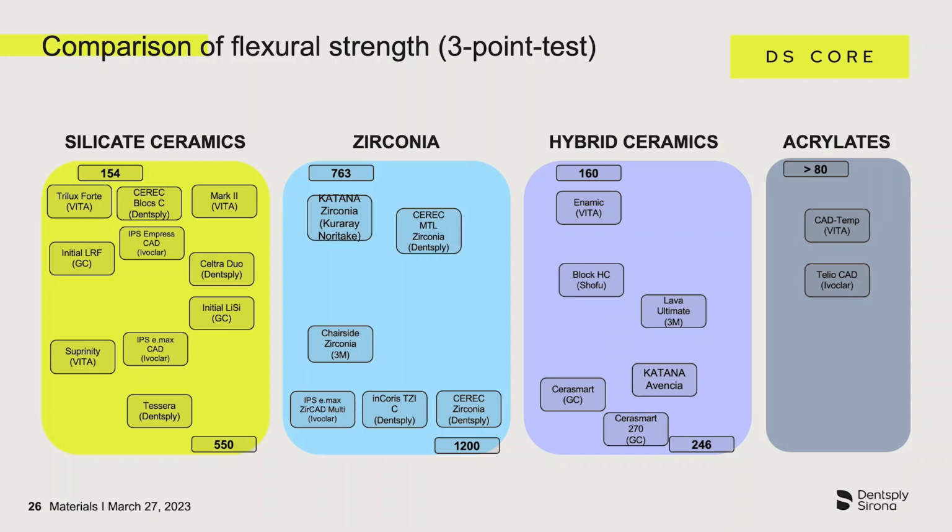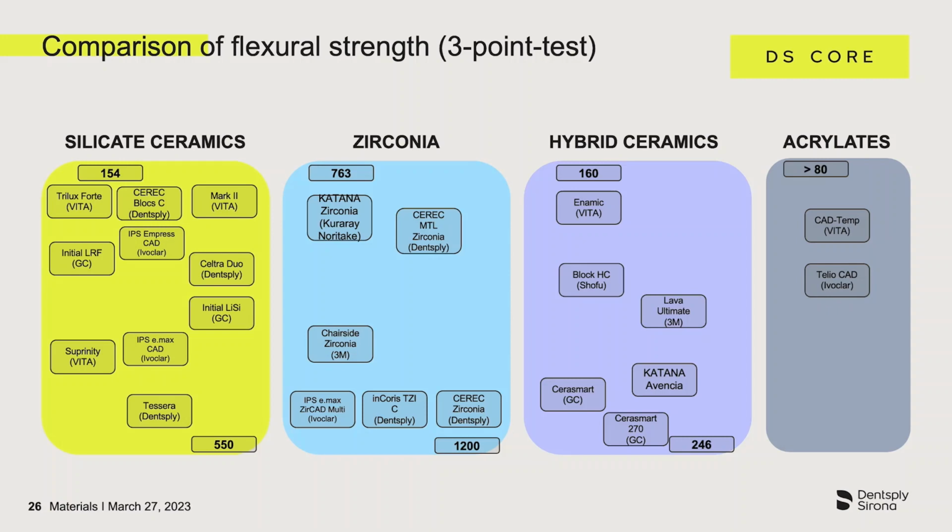Katana Zirconia has a value of 763 megapascals in the 3-point bending test. However, it has been shown that higher strengths are achieved in speed sintering, and here a value of 859 megapascals is given, so that these materials are roughly on a par in terms of flexural strength.